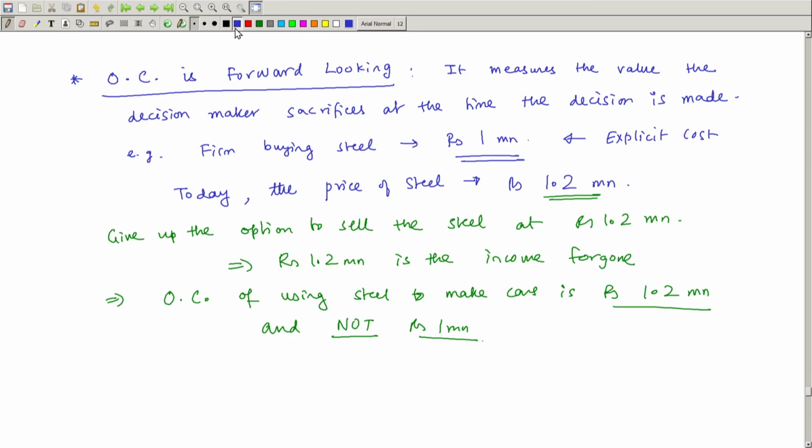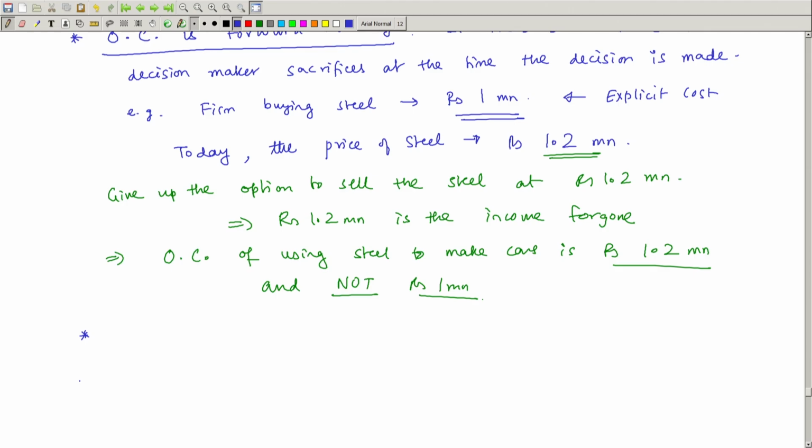So this gives a very important, related concept, which is that the opportunity cost of using an input essentially is the market price, right? Because the market price for steel was 1.2 million, I could have essentially sold the steel for 1.2 million, and the value of the next best alternative foregone is 1.2 million.